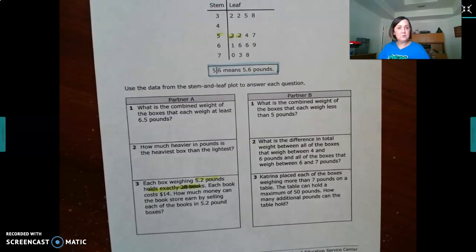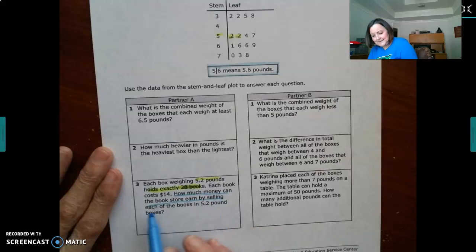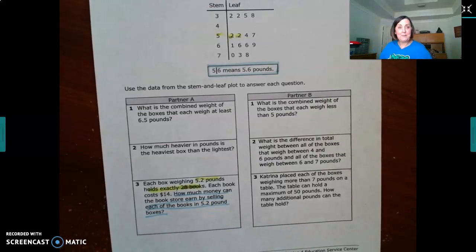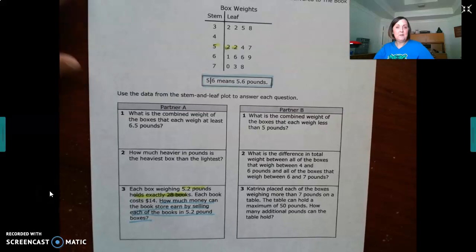Each of those books is going to cost $14. So every single book that is in each of those boxes is going to be $14. How much money can the bookstore earn by selling each of the books in 5 2/10 pounds boxes? All right, I'm going to pause the video, give you some time to solve this on paper and pencil.